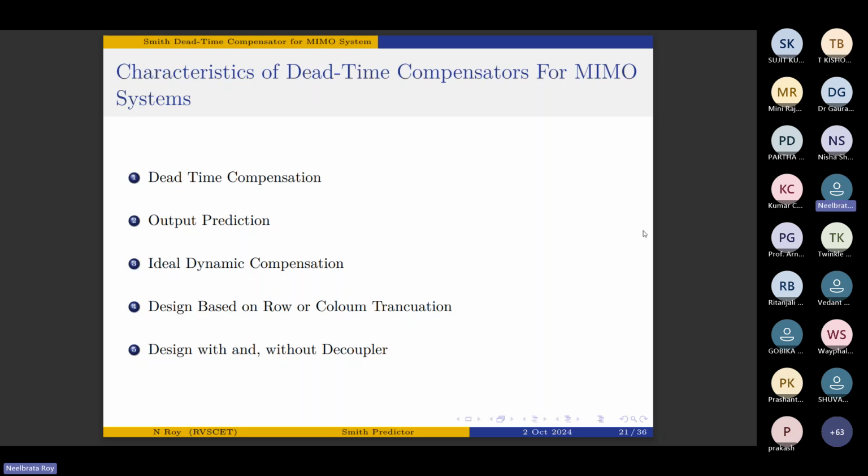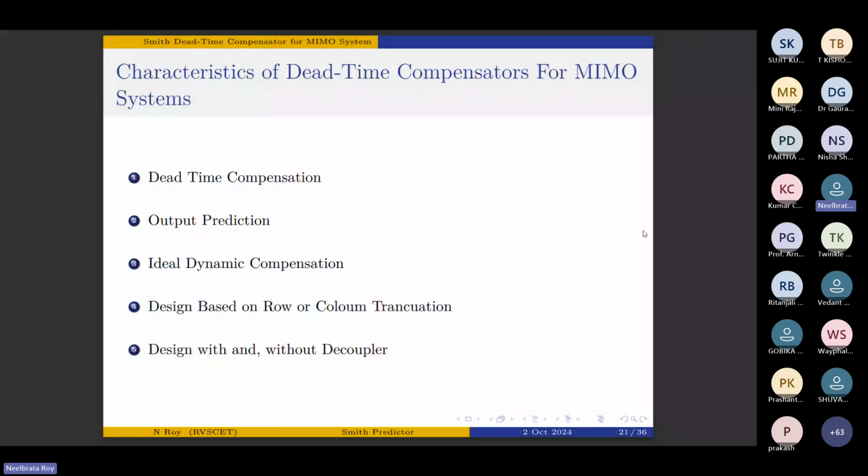Second, output prediction, that is, the model of the plant will predict the output. Thirdly, ideal dynamic compensation, by which we mean the plant can be factored as a delay free plant and the delayed part of the plant can be factored separately.